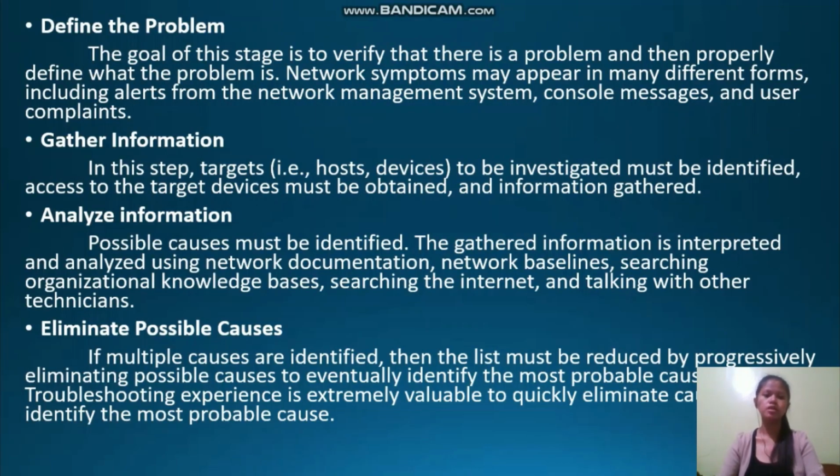Define the problem. The goal of this stage is to verify that there is a problem, then properly define what the problem is. Problems are identified by a symptom. Example, the network is slow or has stopped working. So network symptoms may appear in many different forms, including alerts from the network management system, console messages, and user complaints.